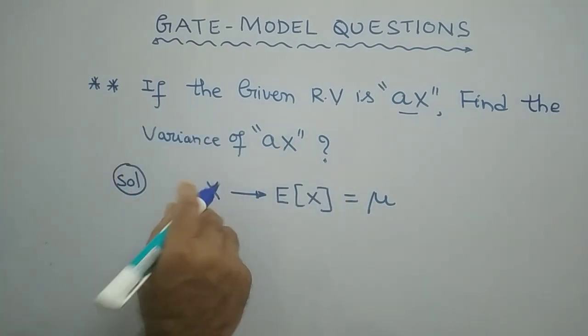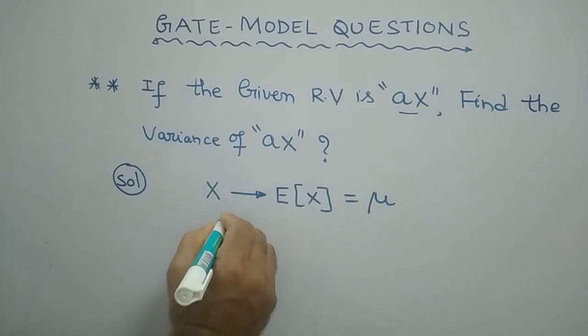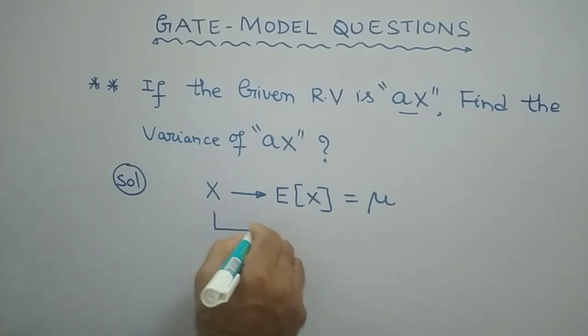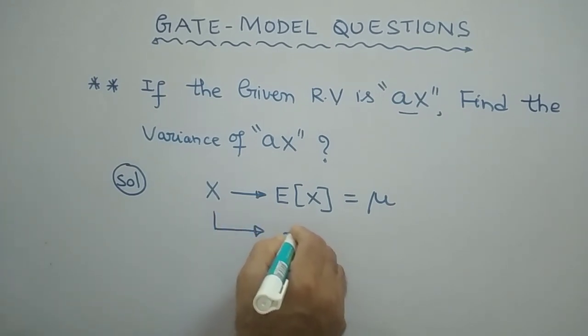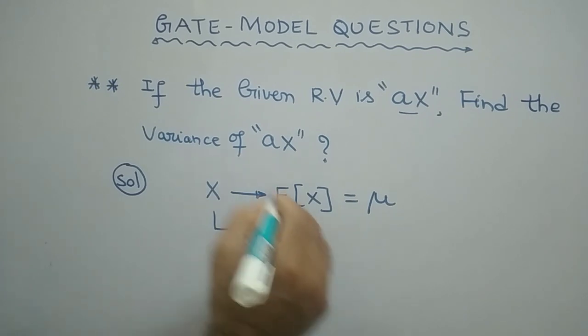And similarly, for this x, what is the variance? Variance is denoted by sigma square suffix x.